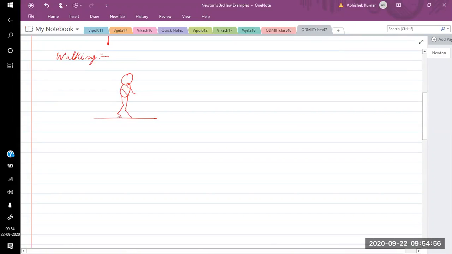He is trying to push the earth backward. So earth experiences a force like this, and as a result earth applies a force in forward direction on the person, and therefore the person moves. So this is also an example of Newton's third law. The person is applying a force in backward direction and the earth is applying a force in forward direction.